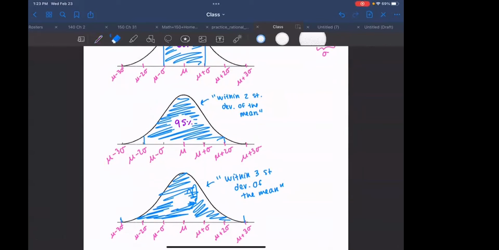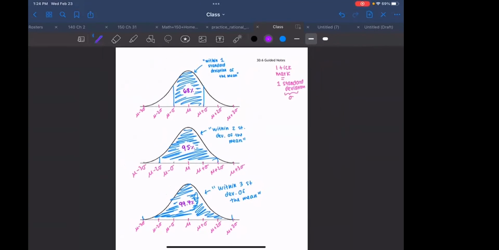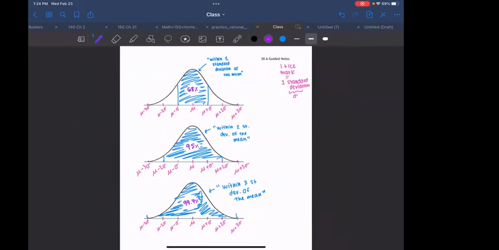Very close. You have the right idea. It's 99.7%. Okay. So pretty much all the information is within 3 standard deviations of the mean, maybe a little bit on the other corners. But we definitely know that 99.7%, pretty much all the information, is within 3 standard deviations of the mean. Any questions on these 3 percentages here?